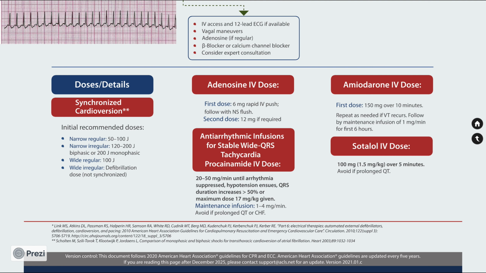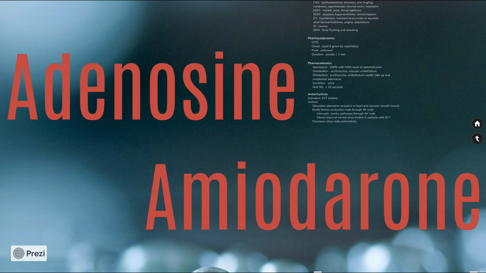Going further, we see here that in addition to adenosine, we are also going to be tackling amiodarone. And these two molecules are part of the handling of patients with tachycardia with a pulse. So, we see here adenosine and amiodarone.